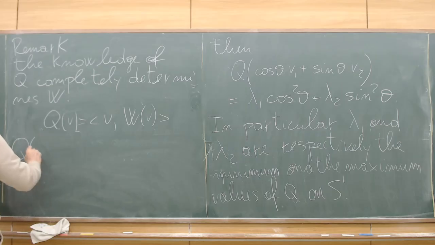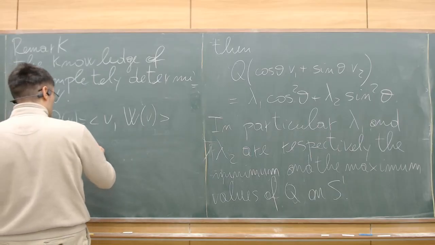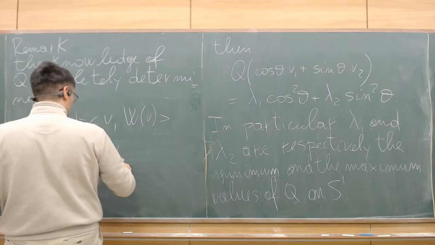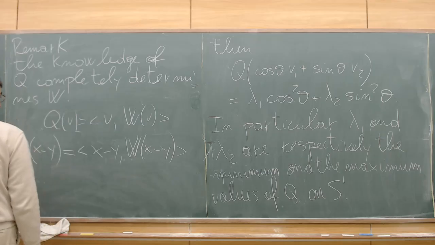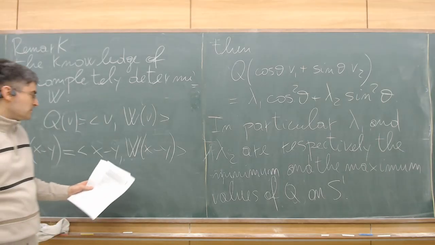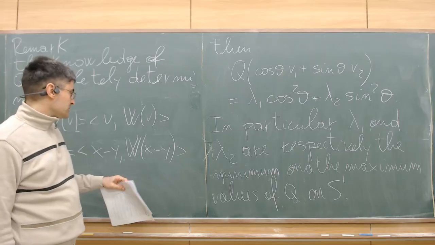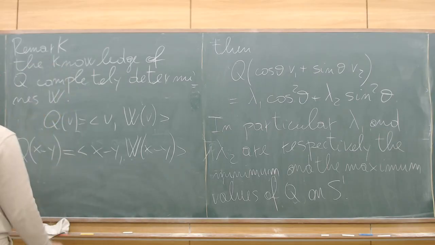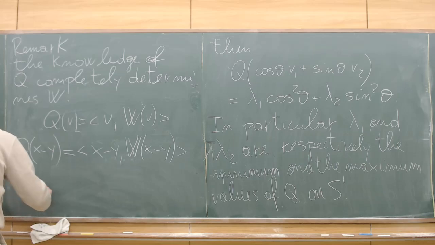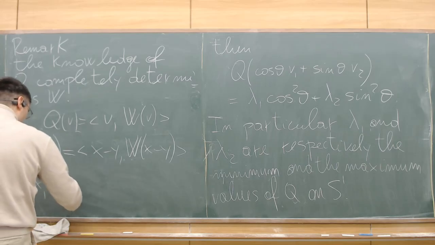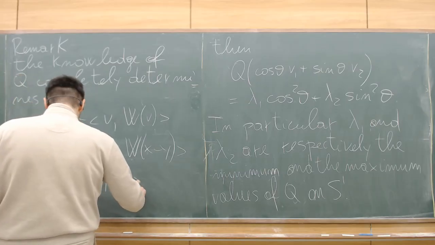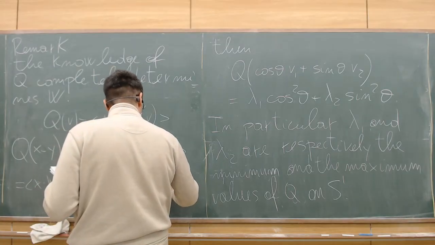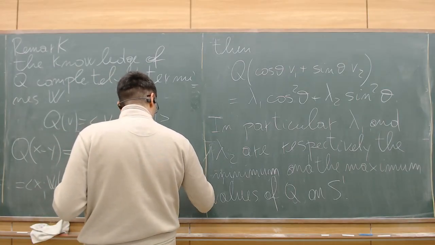You evaluate Q at x minus y. By definition, this is the product of x minus y with W of x minus y. And using the bilinearity of the inner product and the linearity of W, you can write this as x, Wx plus y, Wy minus 2 times x, Wy.